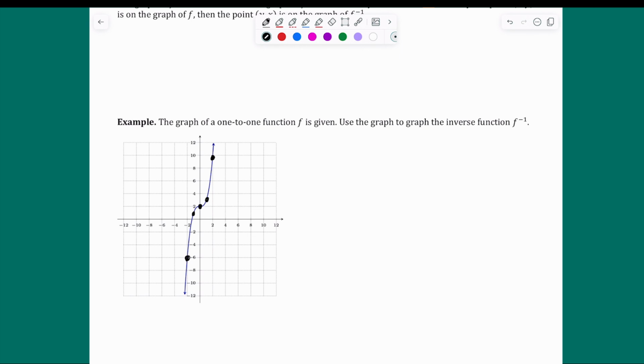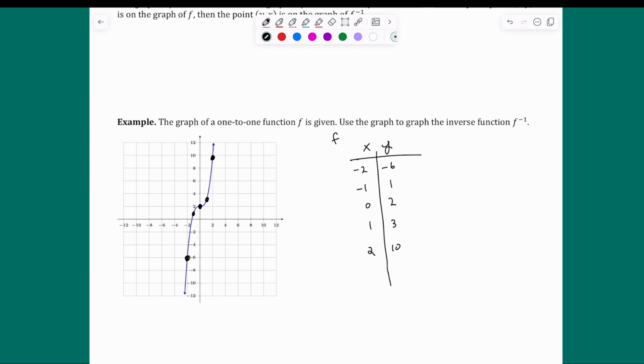I'll construct a little table, with x and y. So we have the points (negative 2, negative 6), (negative 1, 1), (0, 2), (1, 3), and (2, 10). And that's for f.